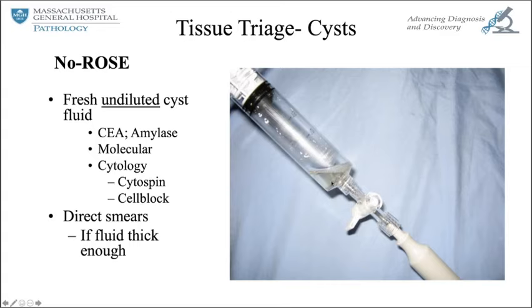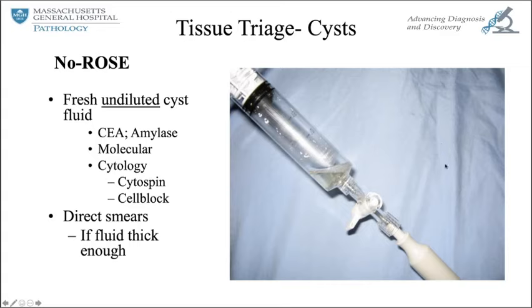So we don't want to waste any of that precious, often scant cyst fluid for rows. And then we want to send that fresh, undiluted cyst fluid to your lab. In the early days of our investigation of pancreatic cysts, the gastroenterologist would send an aliquot to the chemistry lab for CEA and amylase and send us an aliquot.